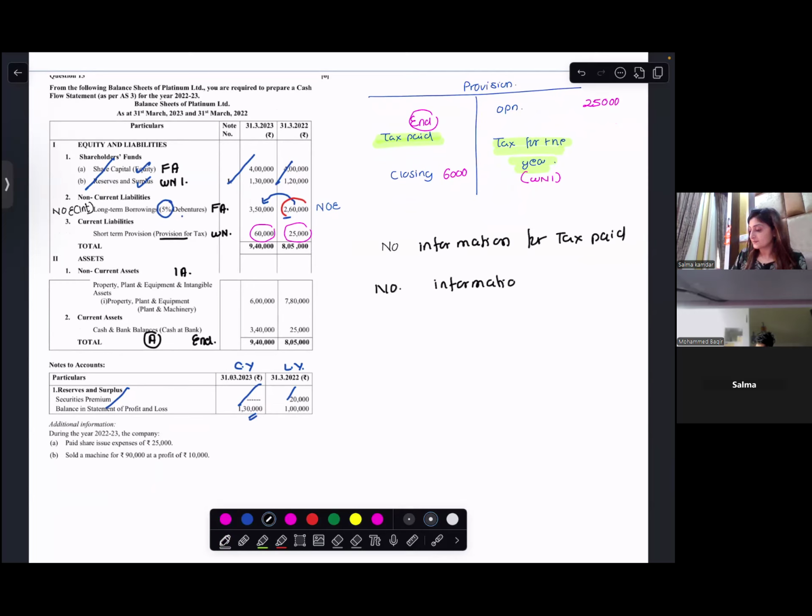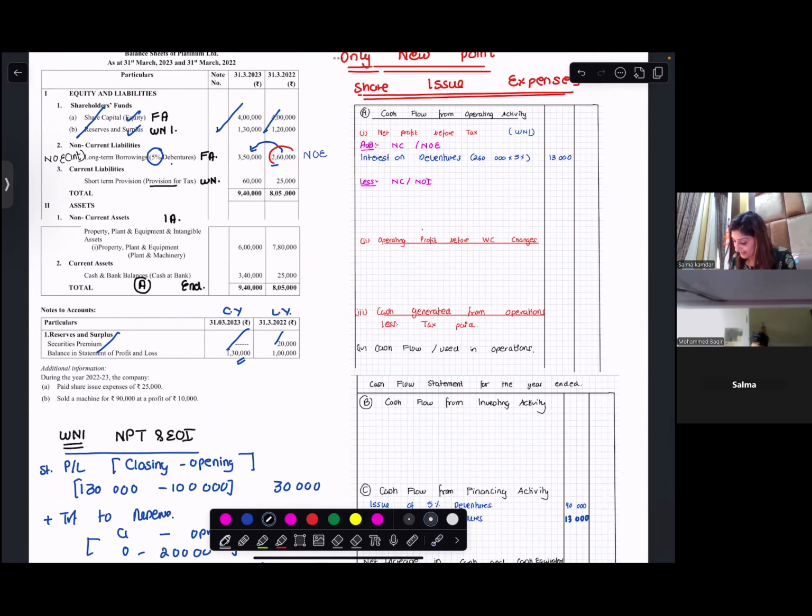In this case, taxation of last year will be paid, and the closing balance is tax for the year. Taxation for the last year will be paid. So what is the taxation for the last year? 25,000. So this will be my tax paid.